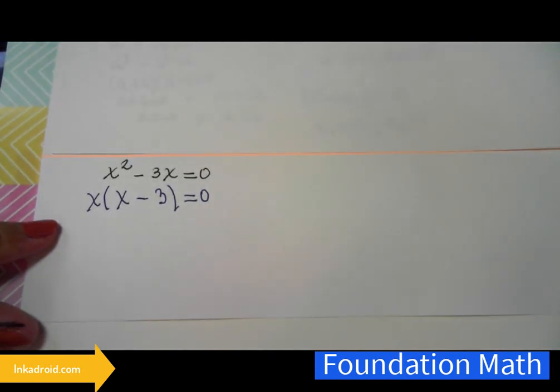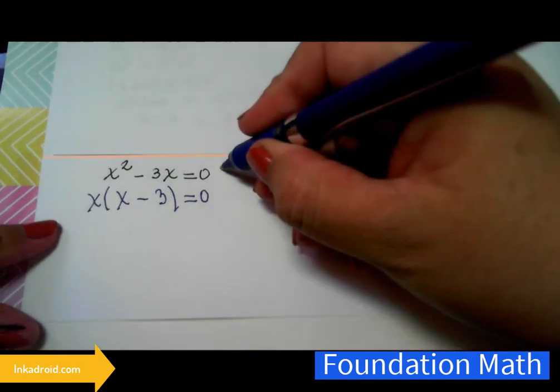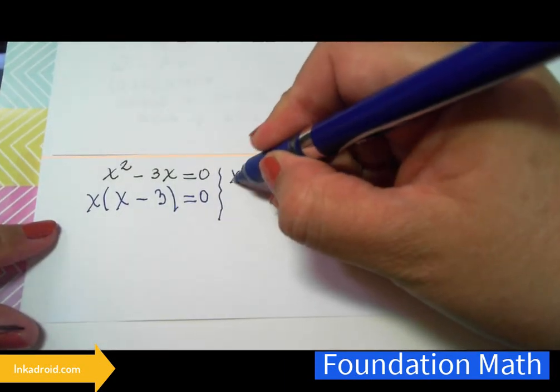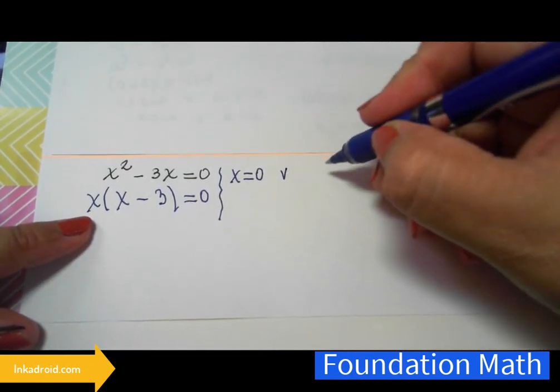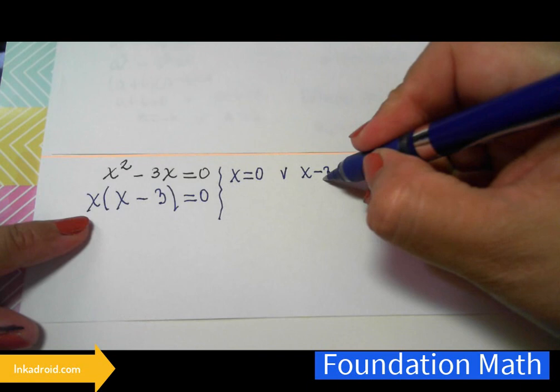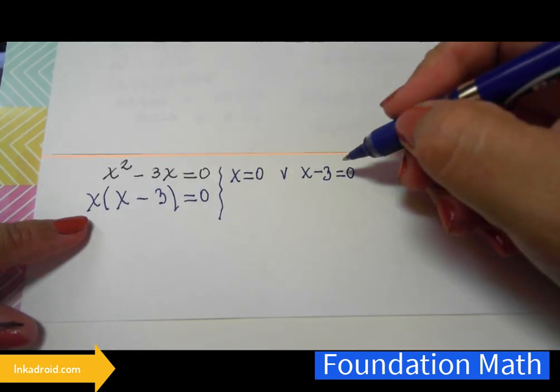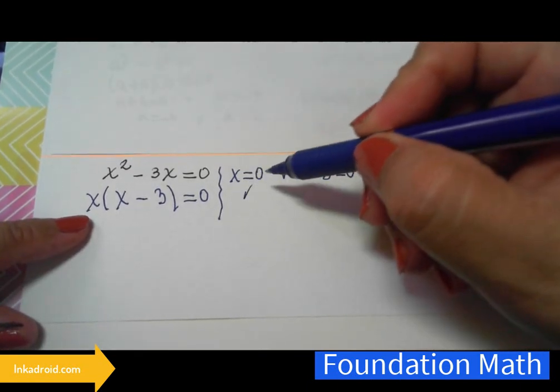You have two factors. The first factor is x. The second factor is x minus 3. It means when it's equal to 0, you have to say every factor should be equal to 0. At least one of them is going to be the answer. So x is equal to 0, the first factor, this one. Or the second factor, x minus 3, is equal to 0. So x is 0. Perfect.